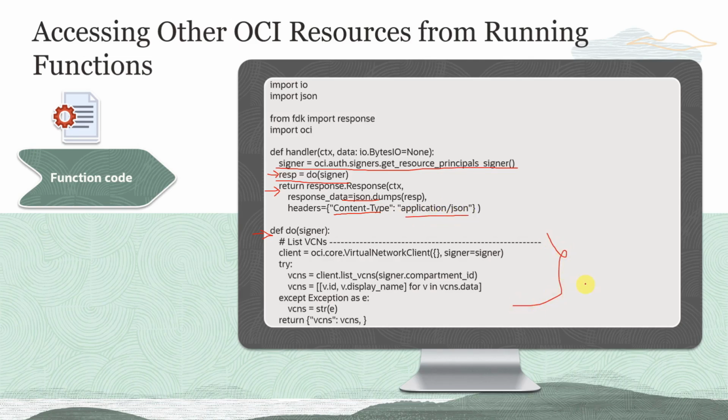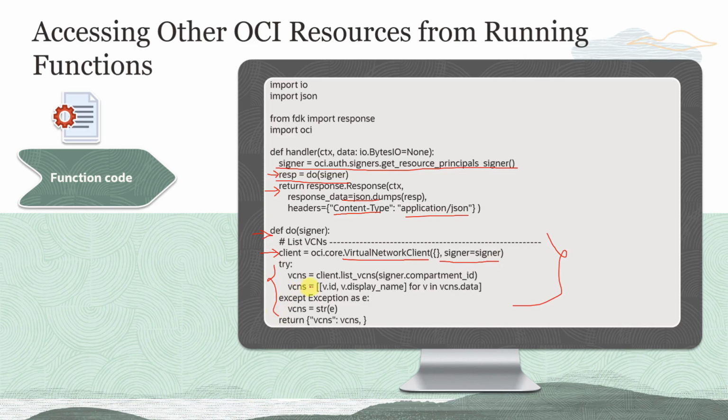Do signer is the function that performs the actual logic of listing the virtual cloud networks. Here the client line creates a new instance of the virtual network client class from the OCI SDK using the resource principal signer for authentication.